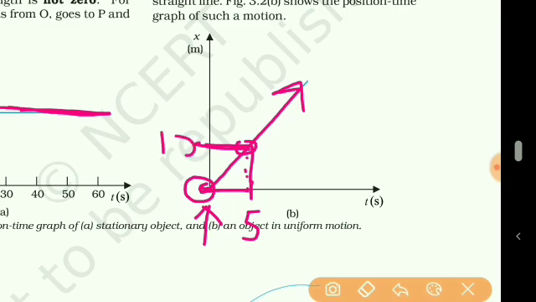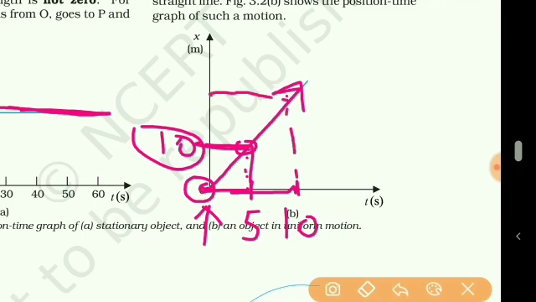Suppose it is 10, so in 5 seconds it covers 10 meters. Then if I take one more 5 seconds, that means 5 plus 5 it is 10, at that time it is here, which is 20. So in the next 5 seconds it covers 10 meters more. So every time after 5 seconds it covers 10 meters. So here the motion is uniform motion.